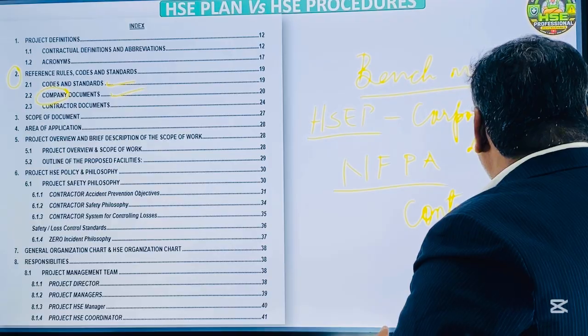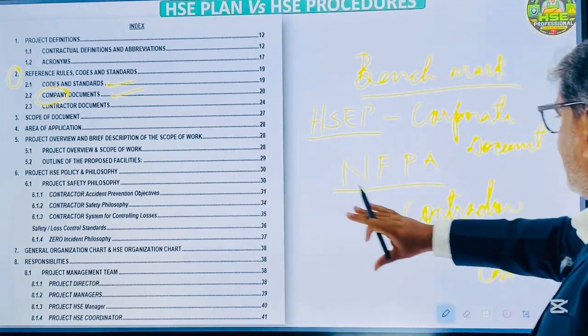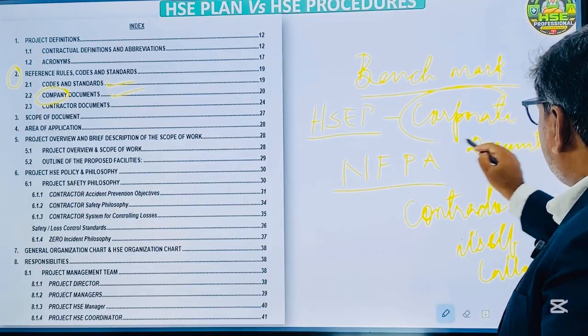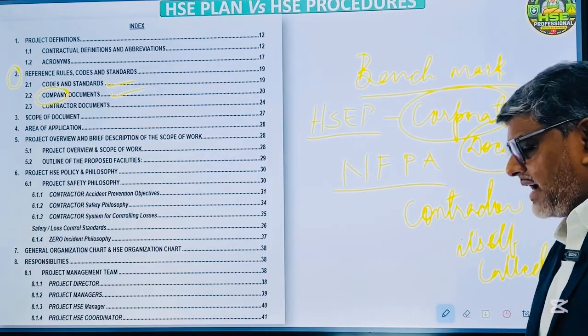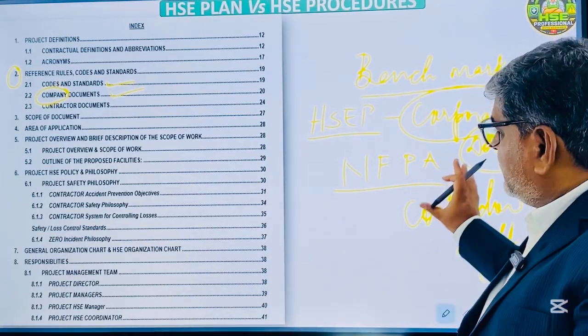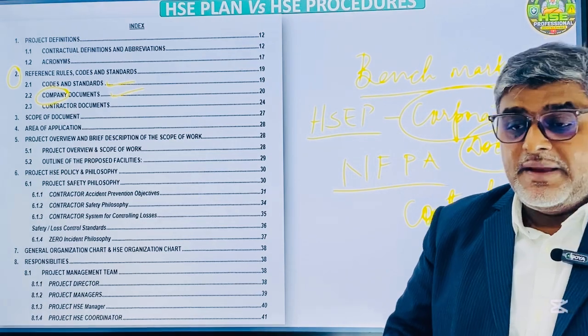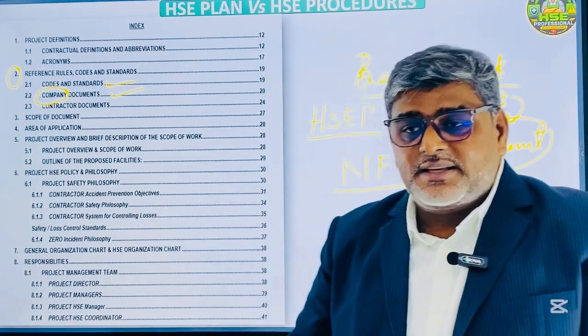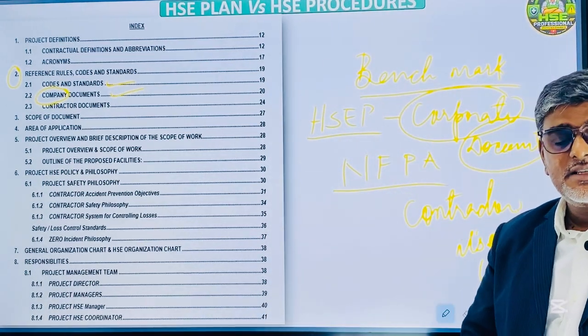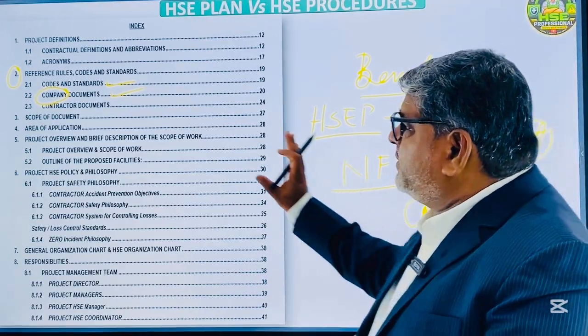Okay. So while preparing this health, safety, environment plan, we need to take the reference of these documents too, because sometimes the company has its own policy. And according to that policy, we need to fit all this information here. Some unique things, some initiative things, some different things followed by the contractor need to be inserted here.